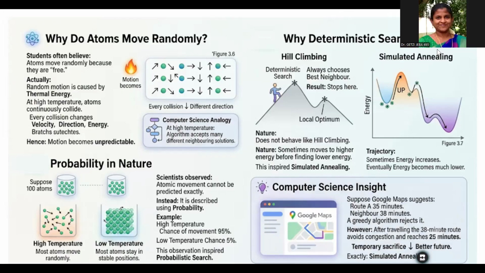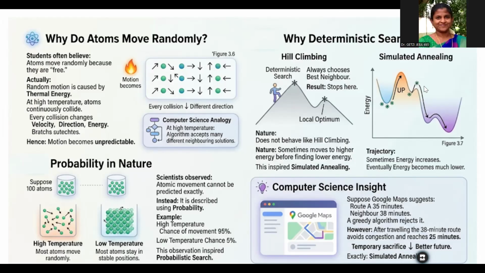Next comes the probabilistic search. In hill climbing, you do a deterministic search, settle down in a local optimum, and stop there. But simulated annealing is not like that. It goes up, down, up, down.